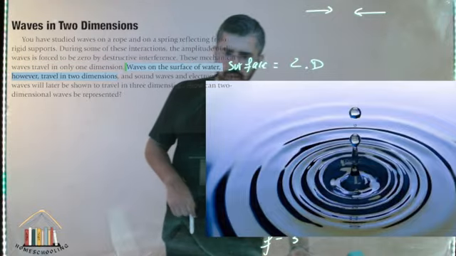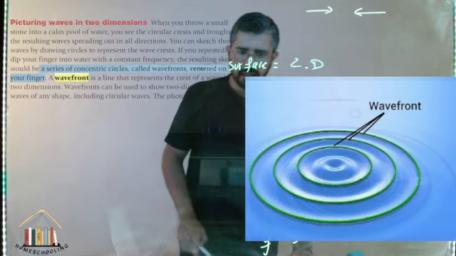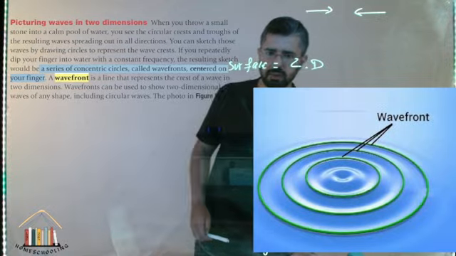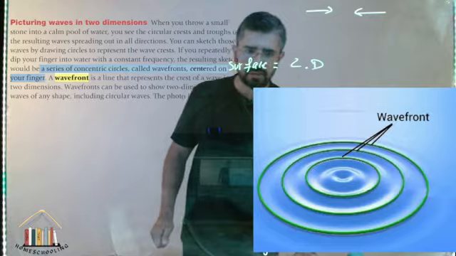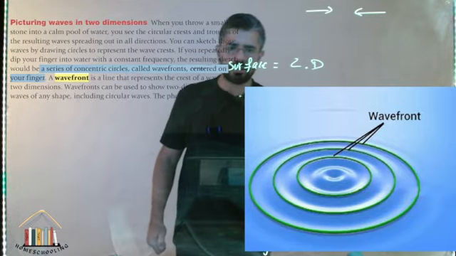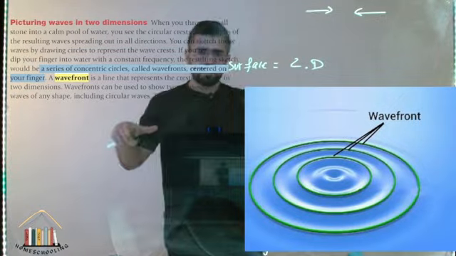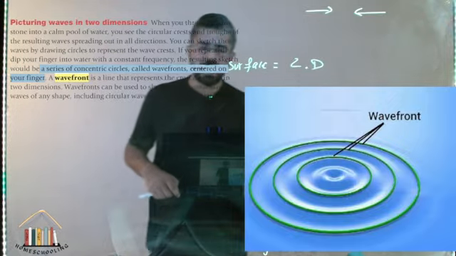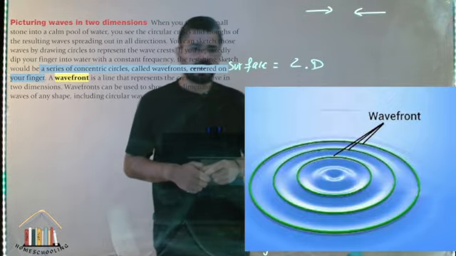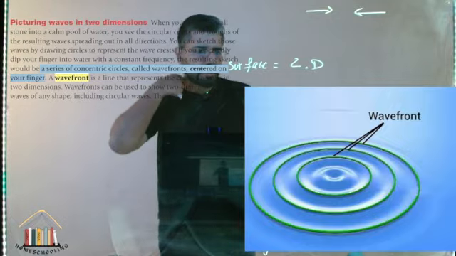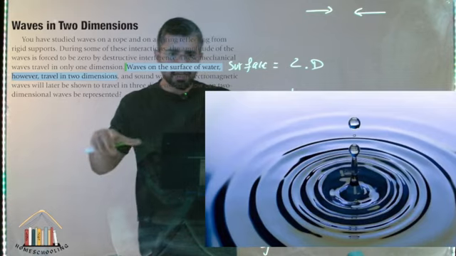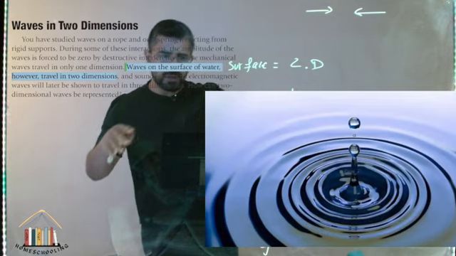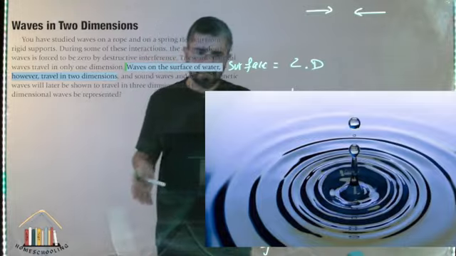Even more than that, we have something we call a wave front. It's the front of the wave, or let's call it the amplitude of the wave. As you see here, for every ripple there is a boundary. There is a boundary for every wave.